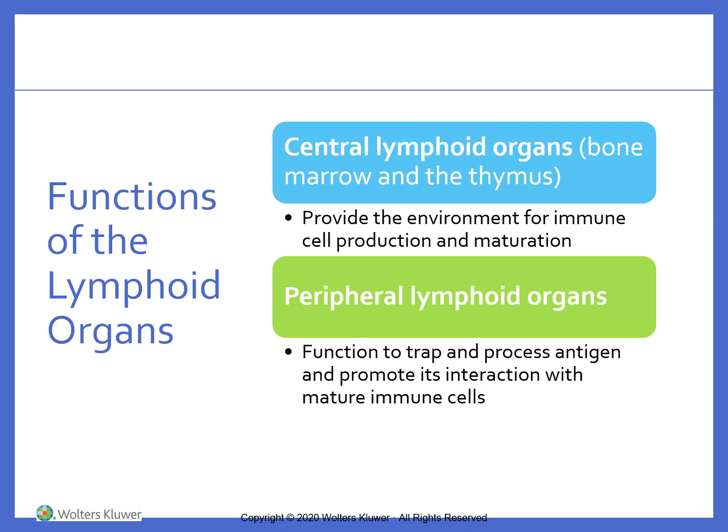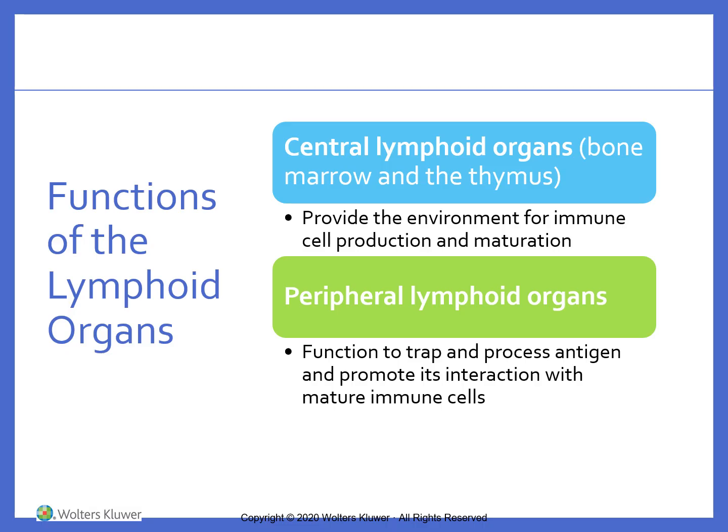So we mentioned earlier the lymphoid organs and their action in things like storing and movement of the different lymphocytes. So we have central lymphoid organs, which is the bone marrow and the thymus, and these provide the environment for immune cell production and maturation. Remember, the B cells mature in the bone marrow and the T cells mature in the thymus.